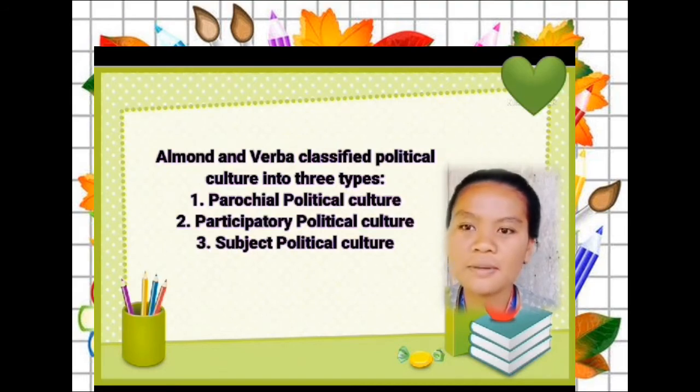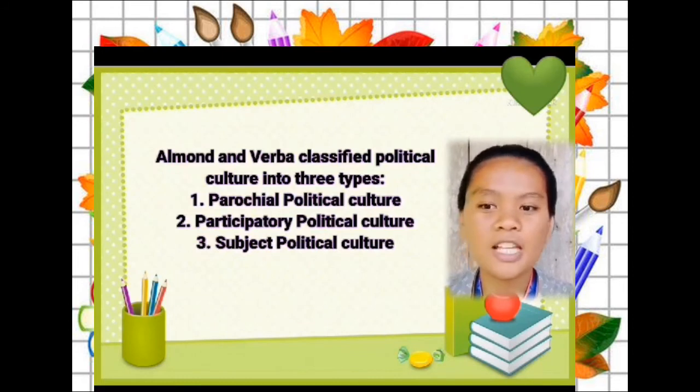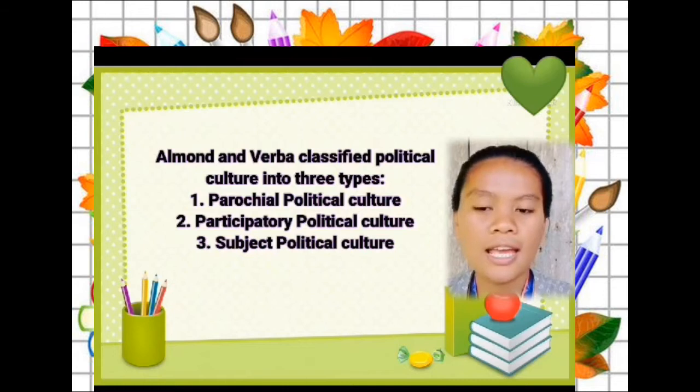Individuals consider themselves active members of the country's existing political system. The participation and evaluation of the individual in the political system is very deep and important in such a political culture. The individual is always aware of his rights and duties.